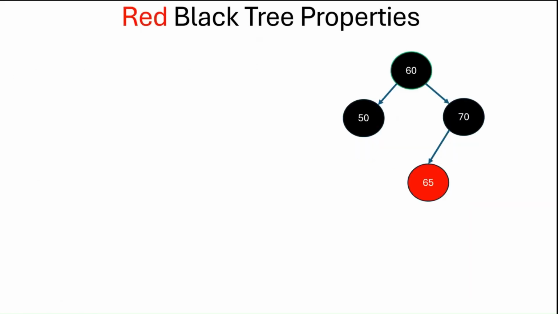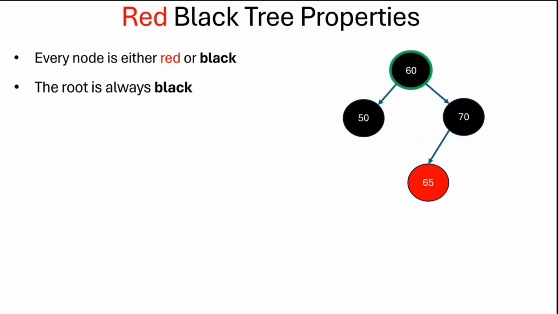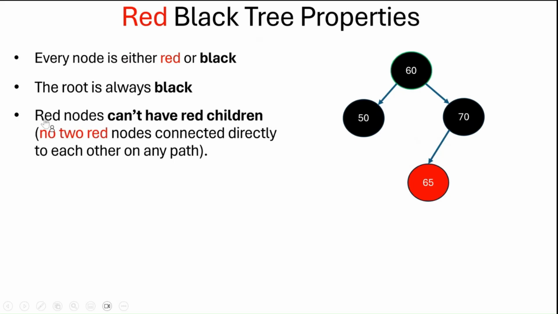Let's understand the properties of a red-black tree. The first property is that every node in a red-black tree is either red or black. The root of the red-black tree is always black. The next property is that red nodes can't have red children.